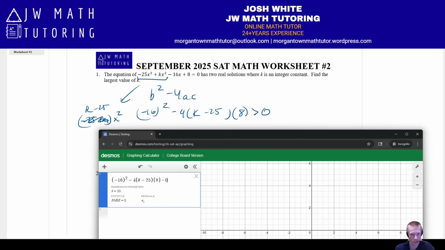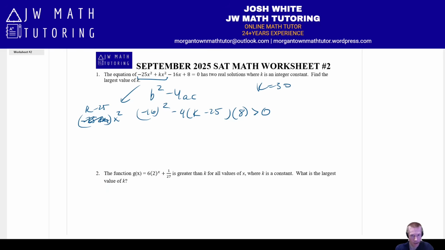Okay, so it returns k is 33, not 30. K is 33 when the discriminant is equal to 0. What that means is when k is equal to 33, there is one real solution. Okay? Discriminant equals 0 means one real solution.